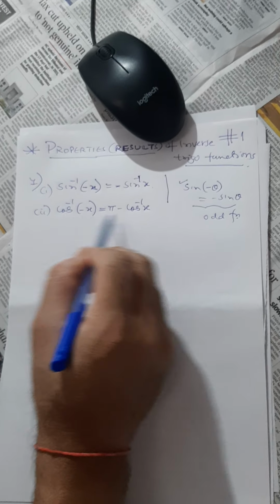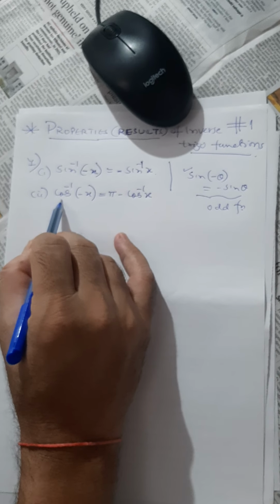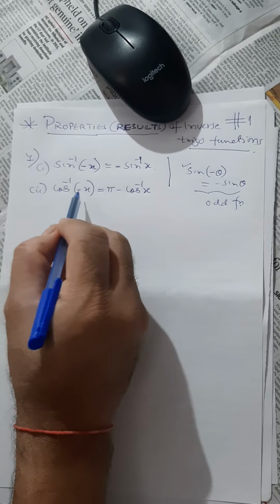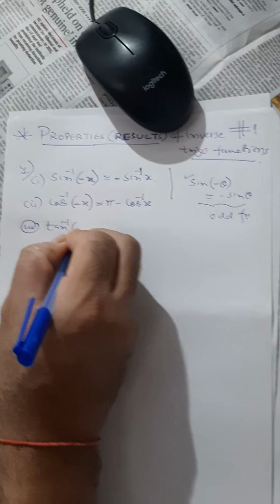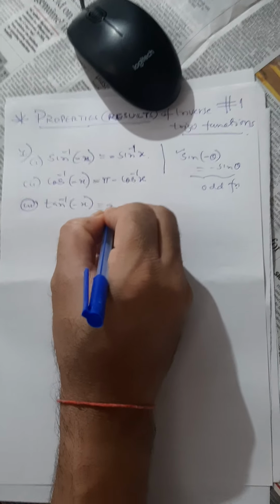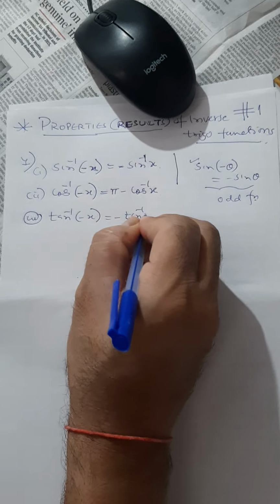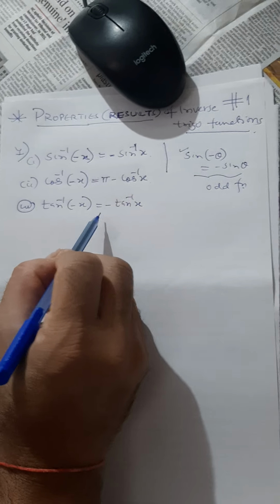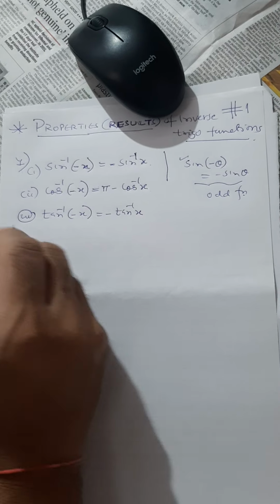Now, it requires proof, but we are just stating it without proof. Cos inverse of minus x is pi minus cos inverse x. Third one here: tan inverse of minus x is minus tan inverse x. So here, like sine, the minus sign will come out.